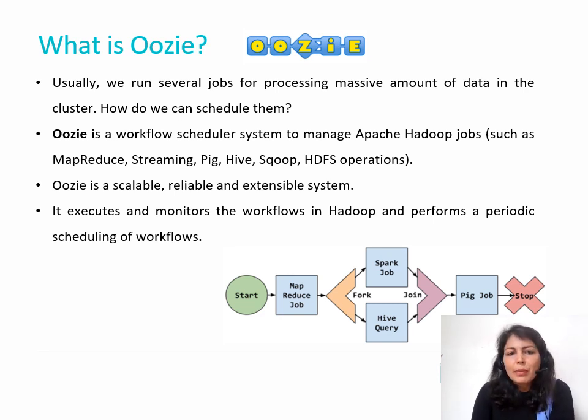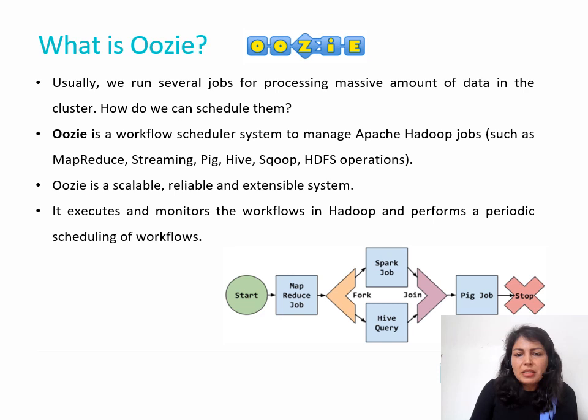These jobs can be MapReduce jobs or streaming jobs, or jobs in Pig, Hive, Scoop, any component, or HDFS operations. What is really important is that all the jobs need to be scheduled and run on time. So Oozie is responsible for executing and monitoring all the workflows in Hadoop.